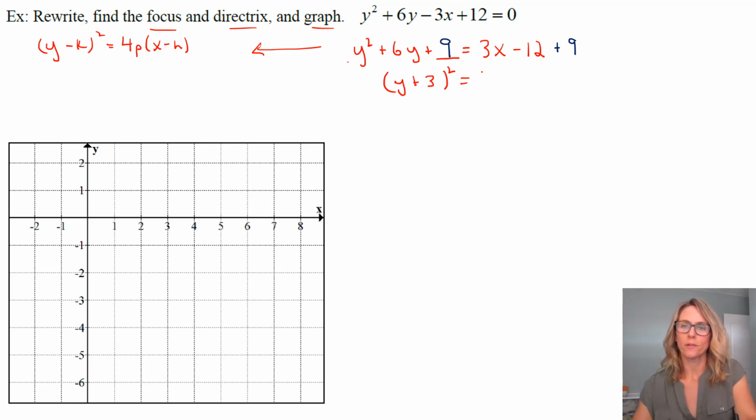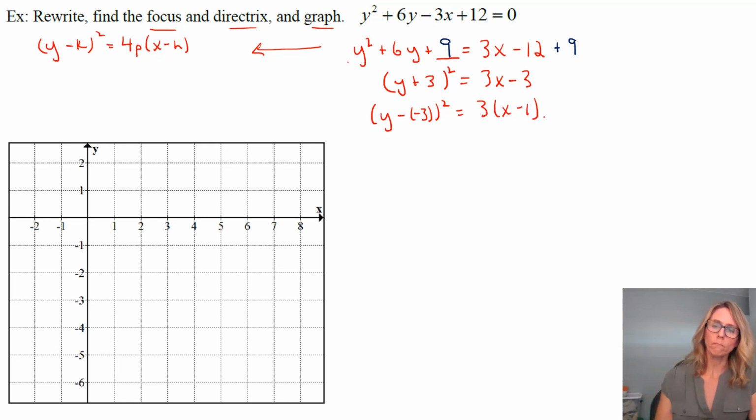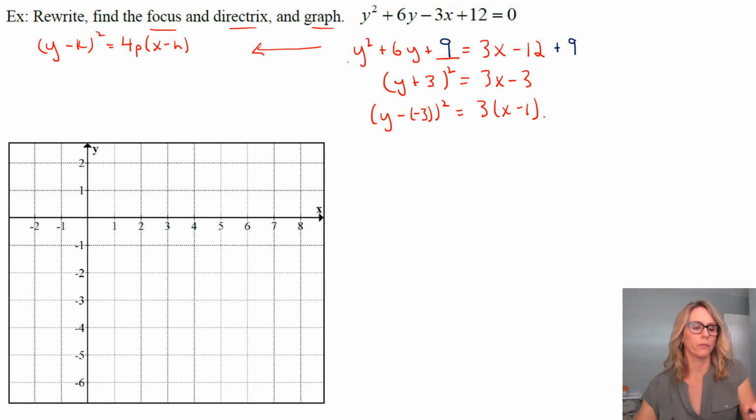And over on the other side, we have 3x minus 3. Now, if we want to truly write it in the other form, notice we'll have y minus a negative 3. And on the other side, we'll have 3 times x minus 1. And now it is truly in the form that we see up in the corner and that you have above.